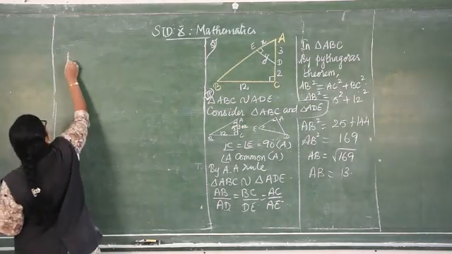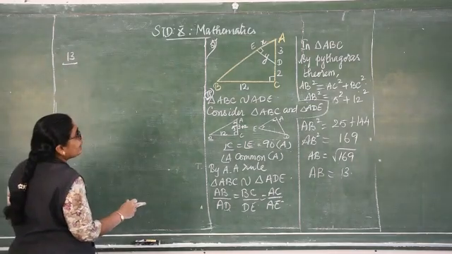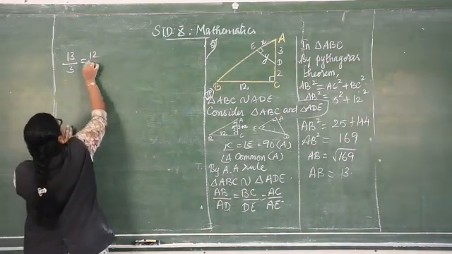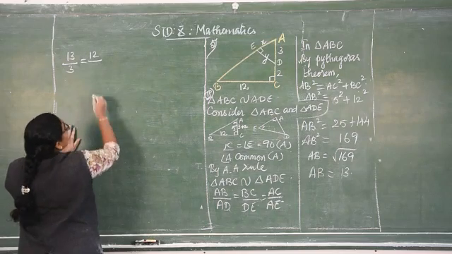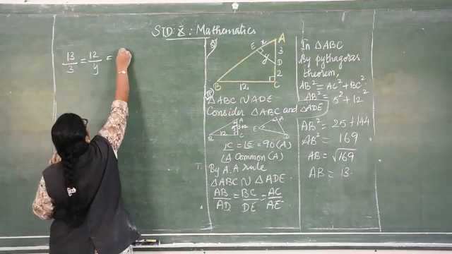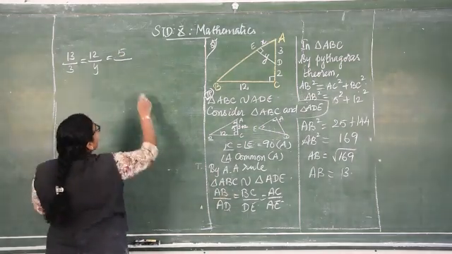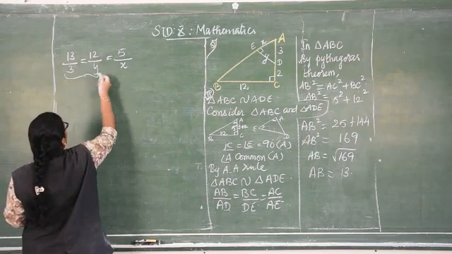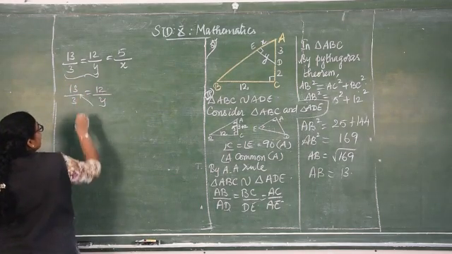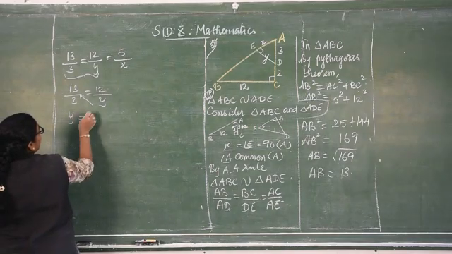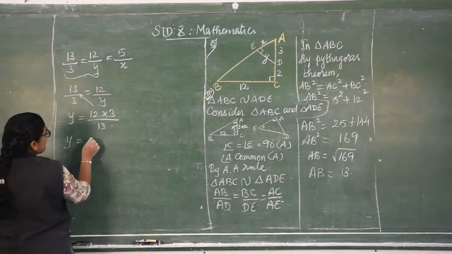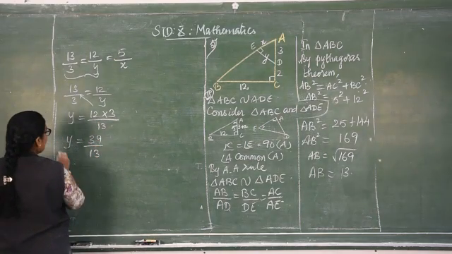Now AB value is 13 by AD value is 3, which is equal to BC value is 12 by DE value is Y, which is equal to AC value is 5, AE as X. So first compare these two. 13 by 3 is equal to 12 by Y. Bring the 12 here. What will you get? Y is equal to 12 into 3 by 13.